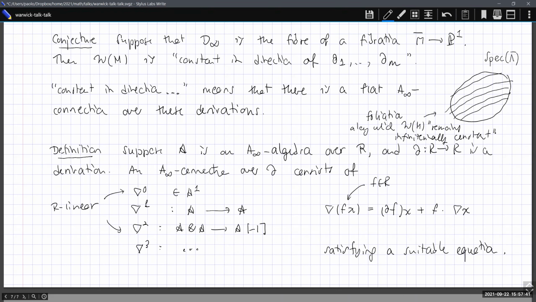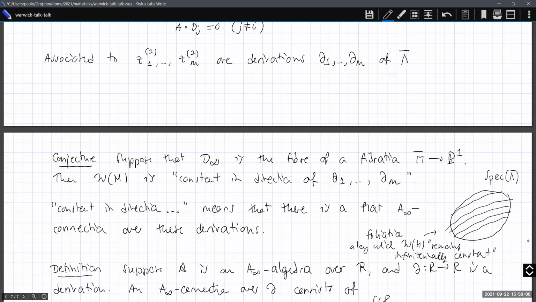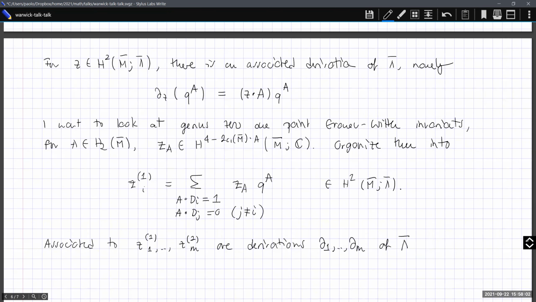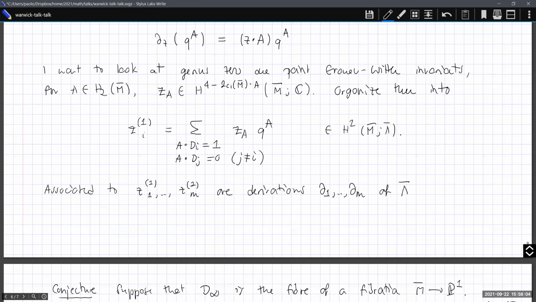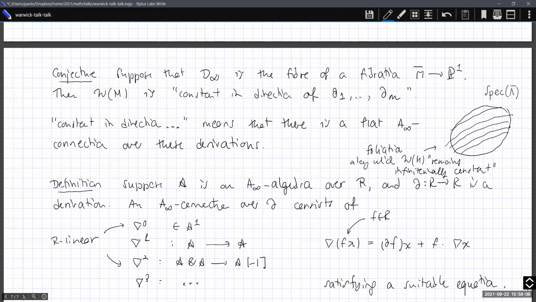Obviously, if it's a fiber of a fibration, then the first Chern class is represented by any fiber of that fibration, and therefore it restricts to 0 on the infinity, and I do not have that problem. What this probably means is that I have the wrong formula for these things in general. So instead of just using these very simple Gromov-Witten invariants, I should probably be smarter, but smartness is failing me as of recent.